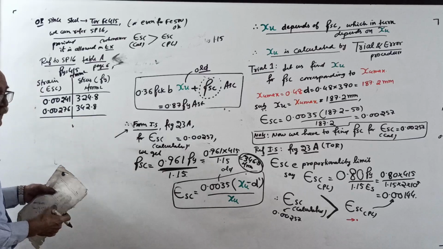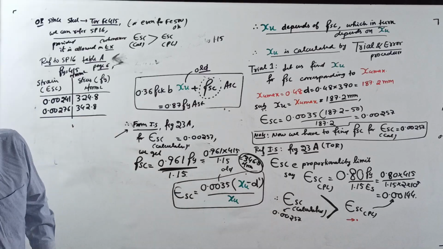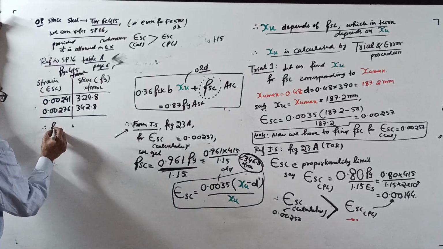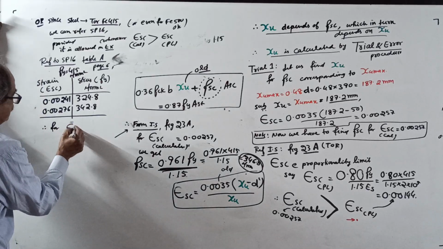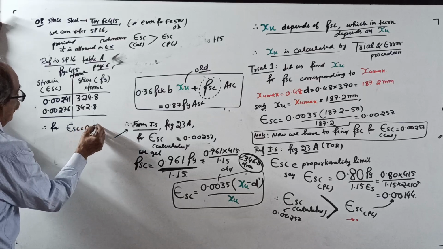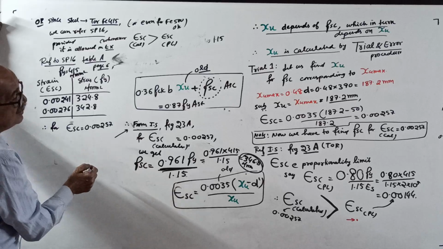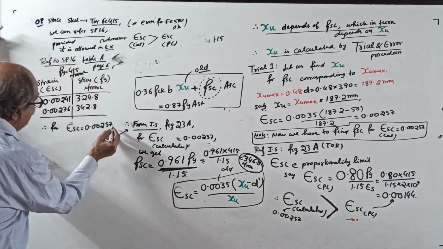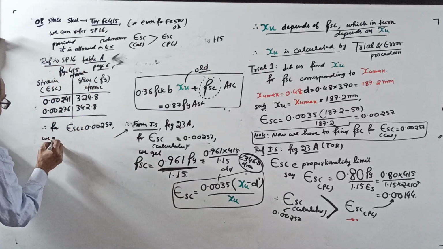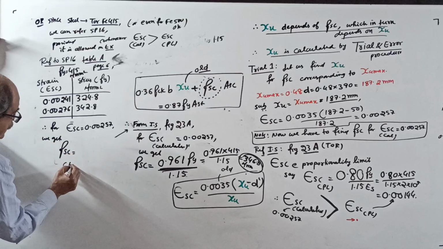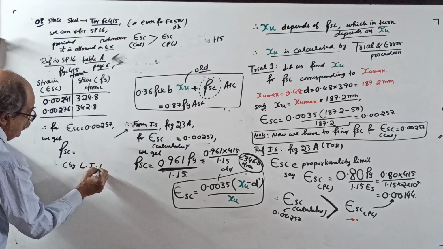Now, the IS code only told that for intermediate values go for linear interpolation. Therefore, for our epsilon SC equal to 0.00257, we get FSC by linear interpolation.